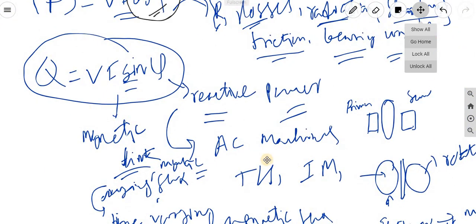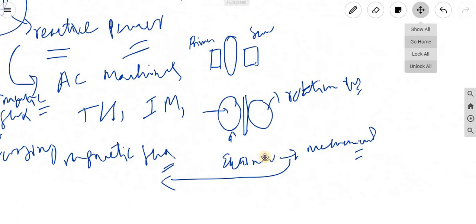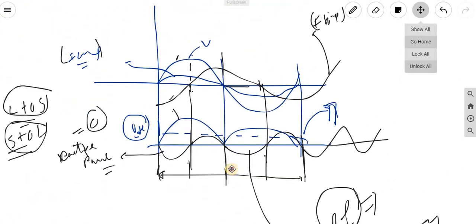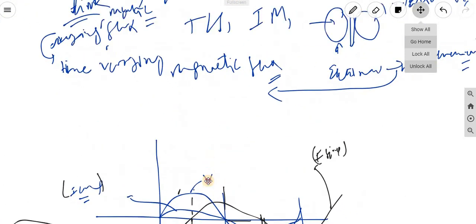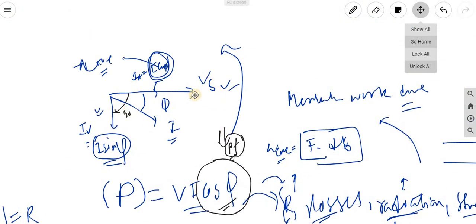So the reactive power is utilized to make the magnetic circuits and the time-varying magnetic flux. You have to remember this. In the phasor diagram we divided the current into two components, one horizontal and one vertical.